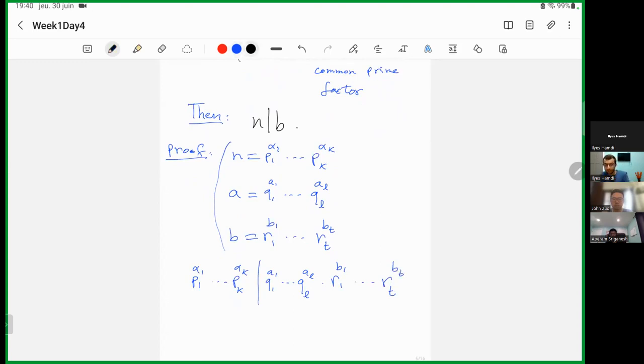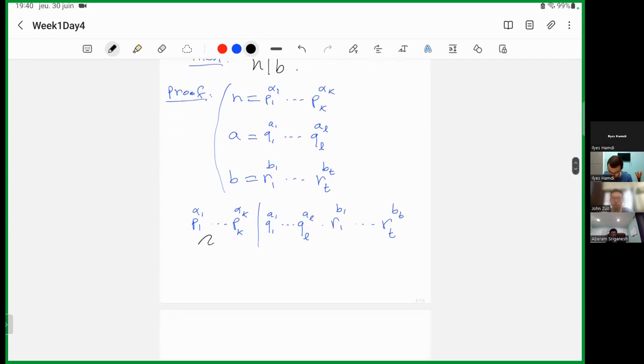So we said that no prime factor is shared between n and a. Basically, this means all those and all those are two by two distinct. No prime factor is shared. So every P is different from every Q, for every I and every J.